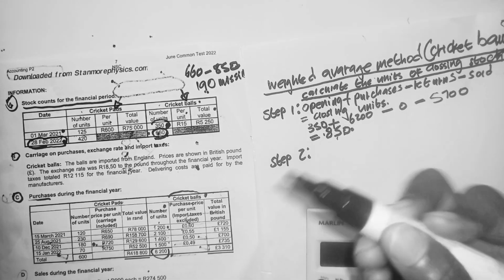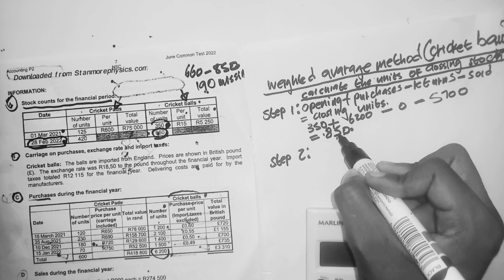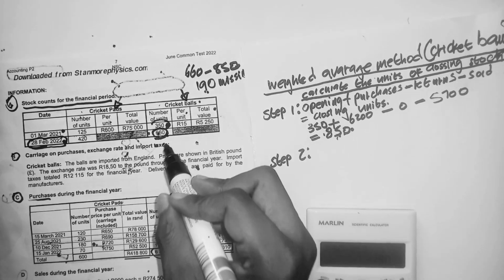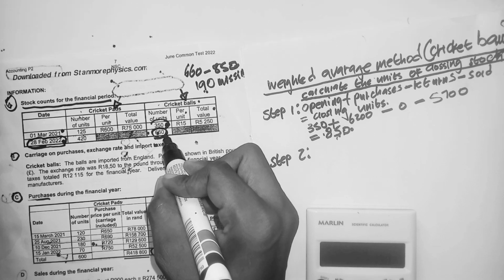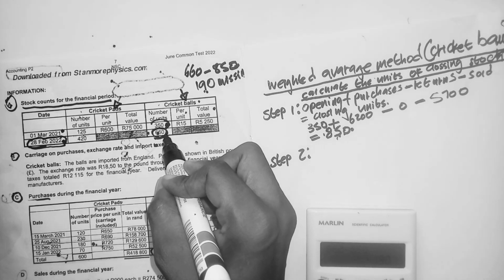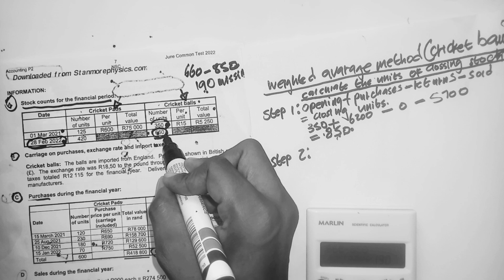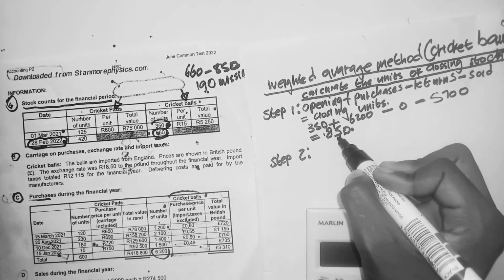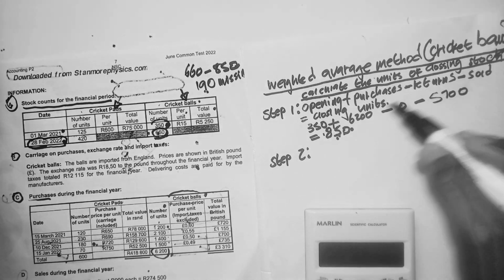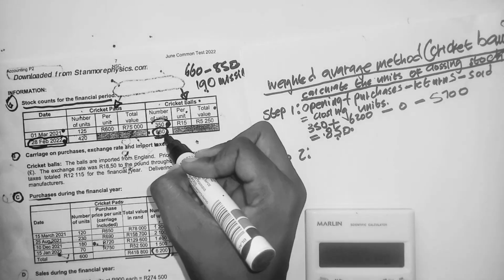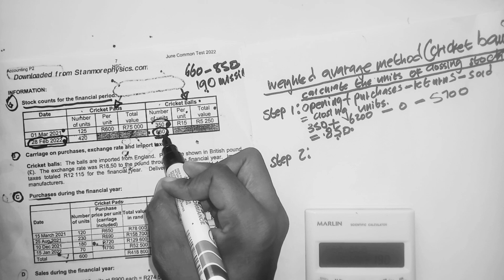To calculate missing, you take the answer for step 1 minus the number of units at the end of the year. Keep that in mind, because there will come a time when they say calculate the number of units stolen. Very simple. You take step 1, which is this formula, this is how we do it. Then you minus the number of units that they gave you at the end of the year.